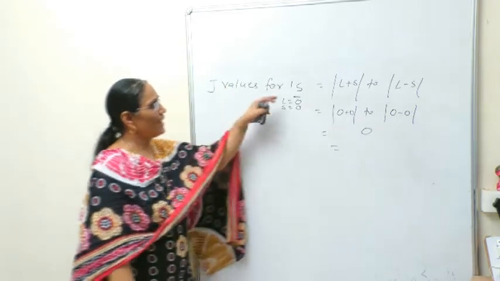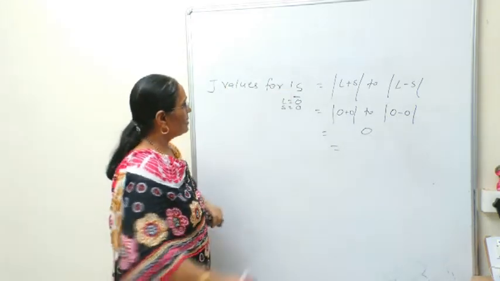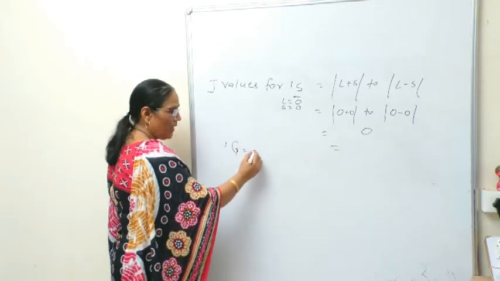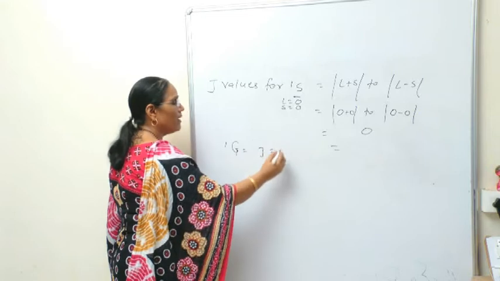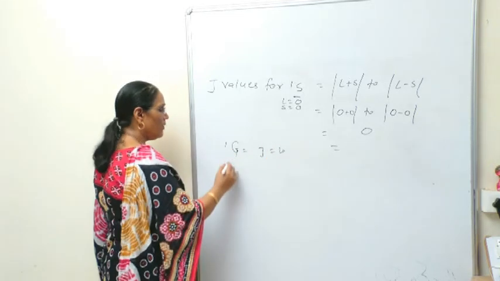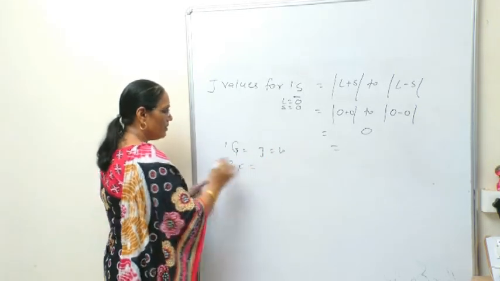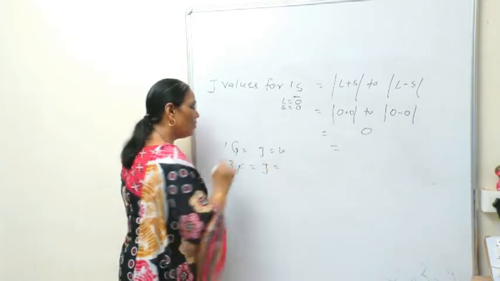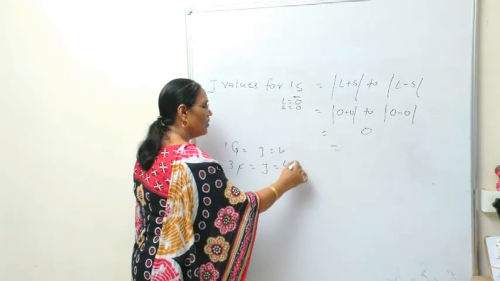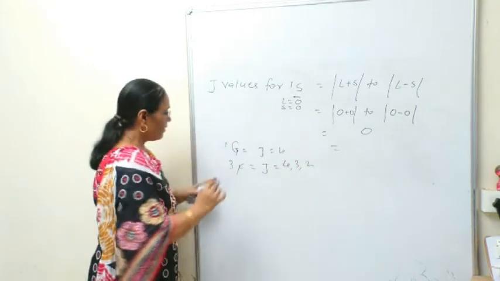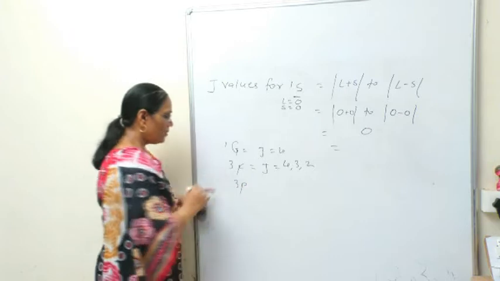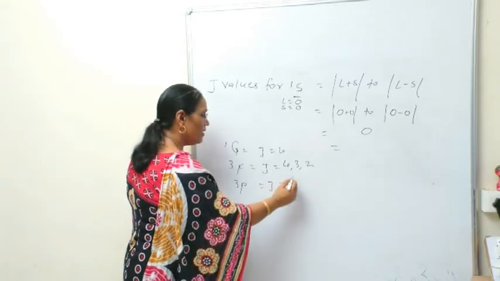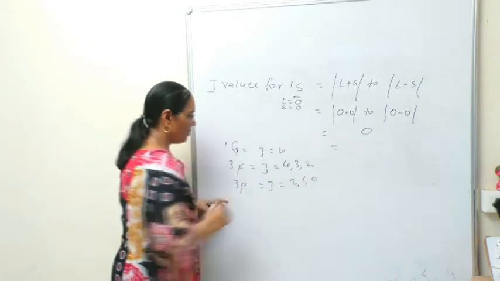Only one for a singlet. Here you can judge that for singlet G only one J value is obtained, and it is 4. Then for triplet F, spin multiplicity is 3 and 3 J values are obtained, and these are 4, 3 and 2. Whereas for triplet P, spin multiplicity is 3, 3 J values are obtained and these are 2, 1, 0.